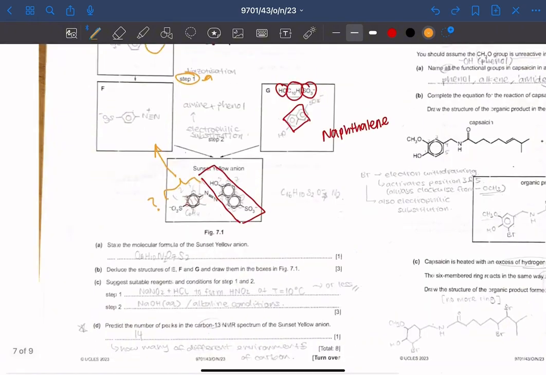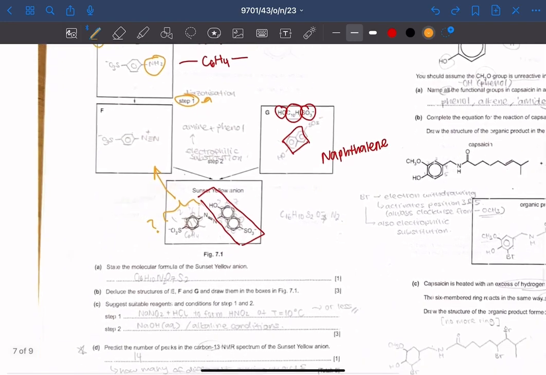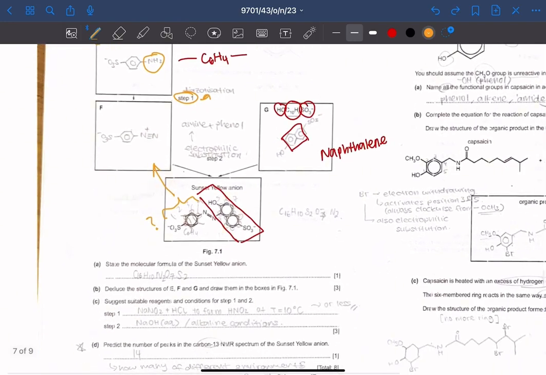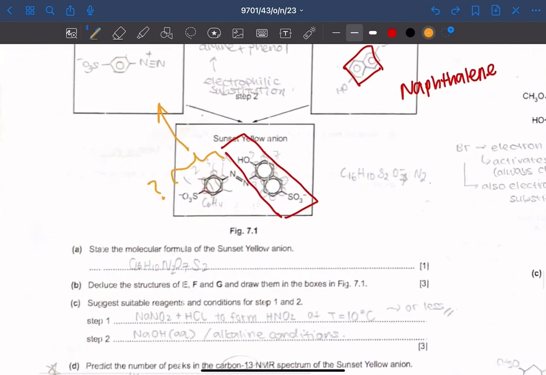A. State the molecular formula of the sunset yellow anion. The molecular formula doesn't require us to completely state the structure like O3 minus, C6H4, and we shouldn't do that. Instead, we should just count how many C atoms, how many H atoms, how many N atoms there are.